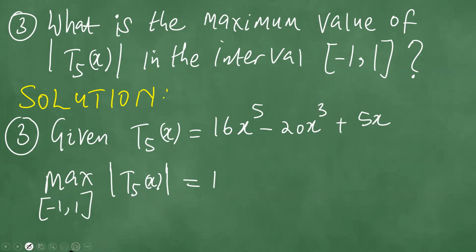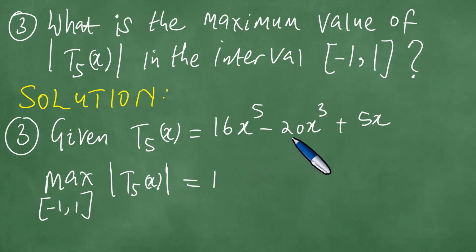So either way, an analysis of this function demonstrates the maximum value. I want us to analyze this very carefully. When you take x to be 1, what do you get?